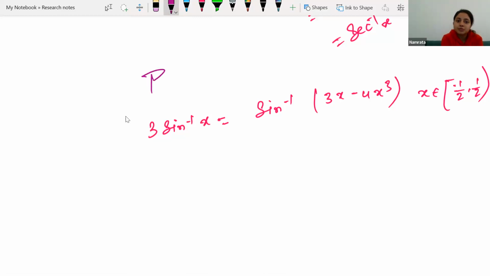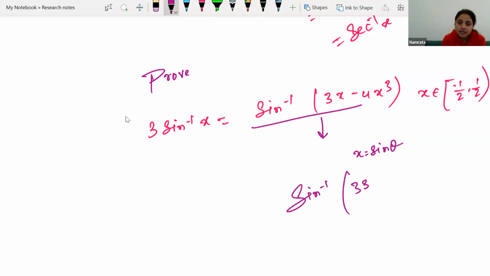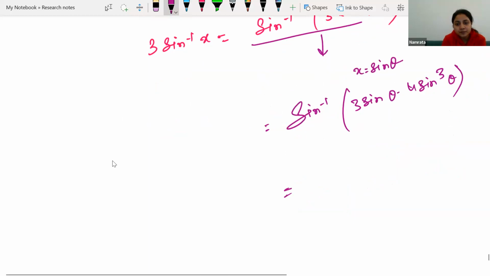X is equal to sine theta. We will be taking the right hand side and substituting x equals sine theta over here. So sine inverse of 3 sine theta minus 4 sine cube theta, and this is the formula of sine 3 theta.